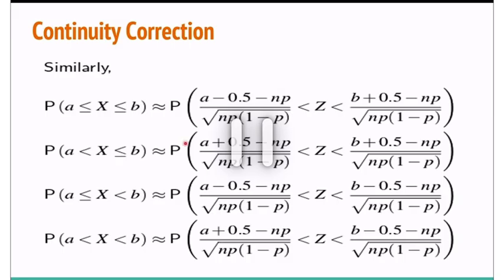Now, I need you to pay attention to all of this. You remember the other time I said that when we are working with continuous, all of this is supposed to be the same. When we're working with continuous, everything here is supposed to be the same.